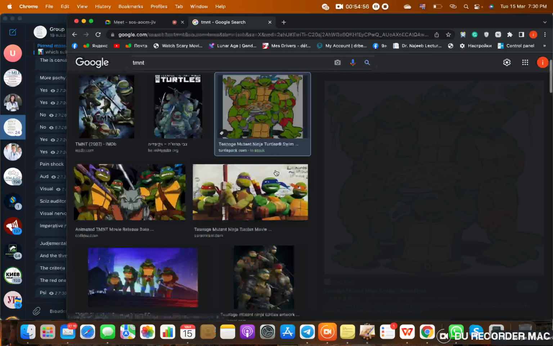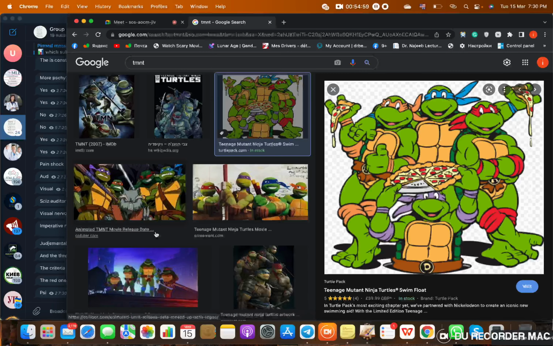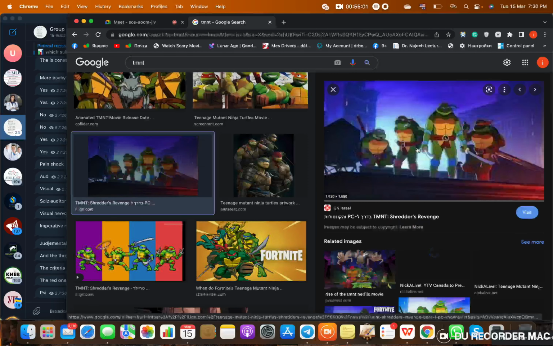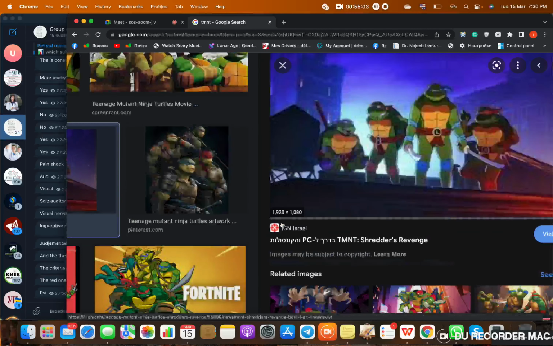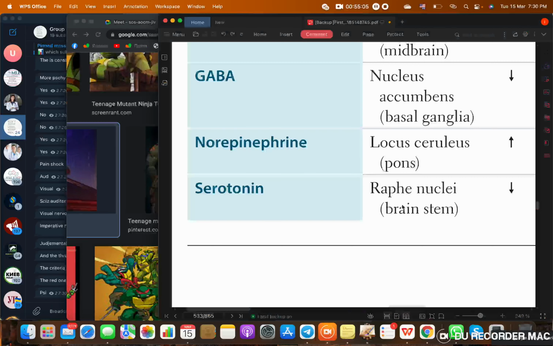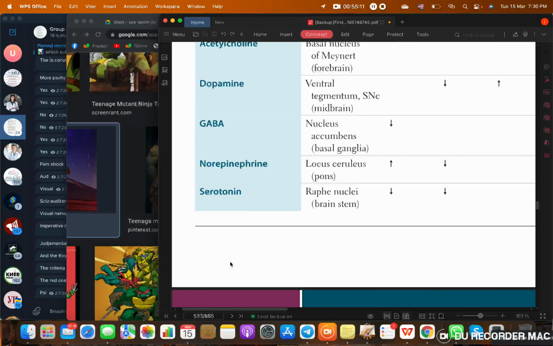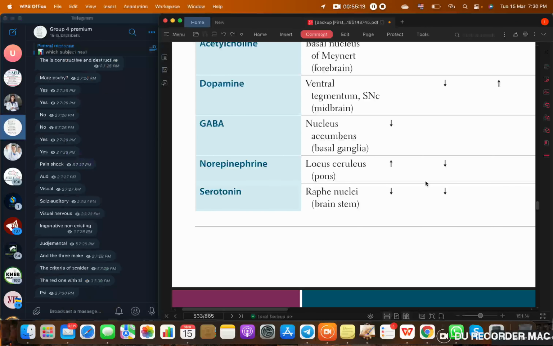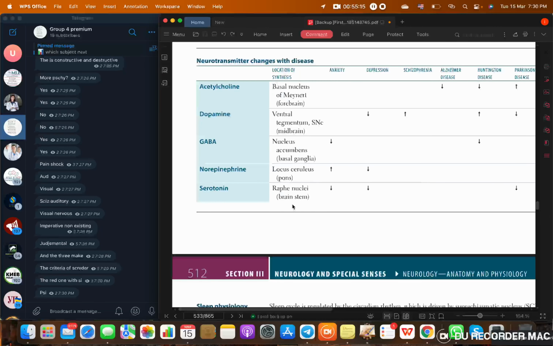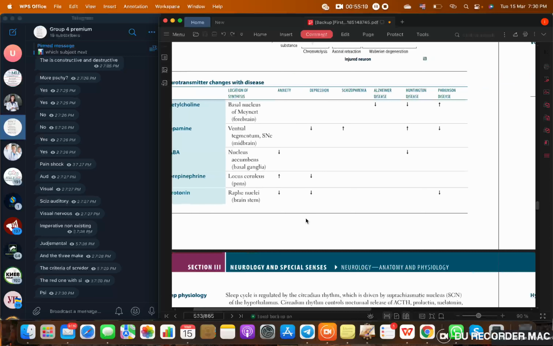So he had the sai, this guy, right? Yes, this guy, and he had the sai. So that's why I remember that the raphe nucleus has serotonin, right? The sai is serotonin, and his raphe nucleus. So that's just some of them. The other ones are easy, but you need to know a few so you can guess the others.